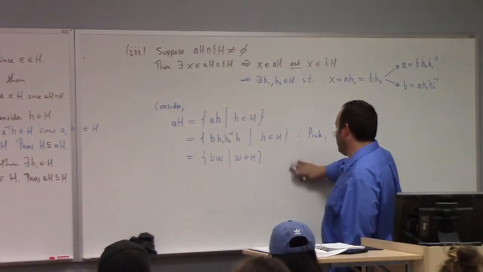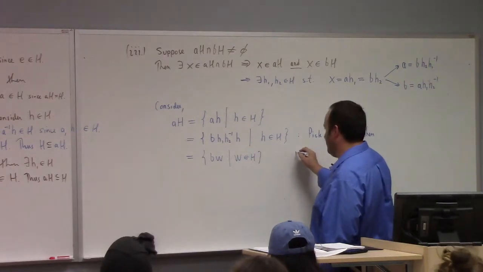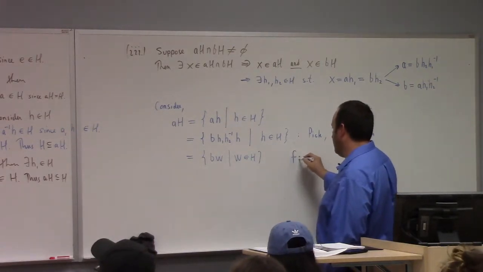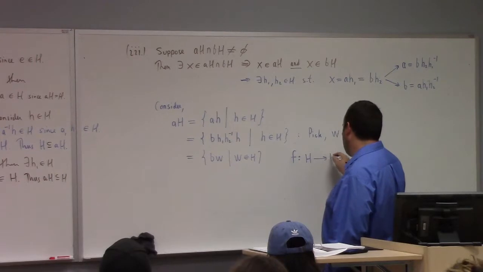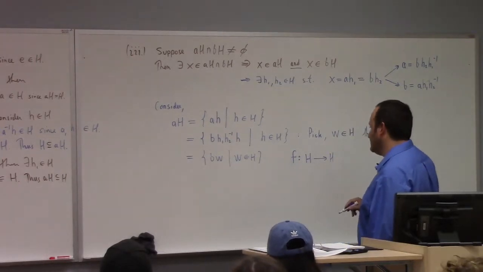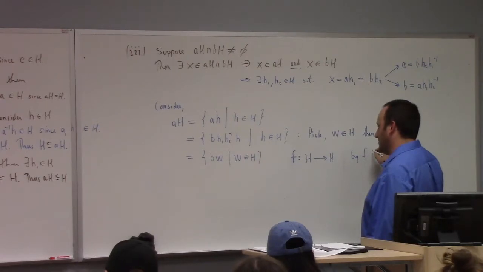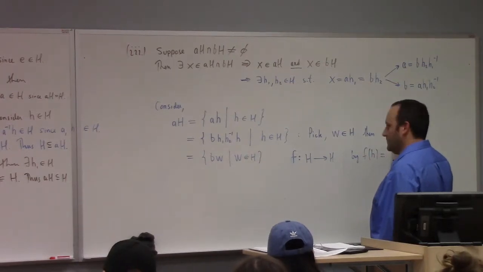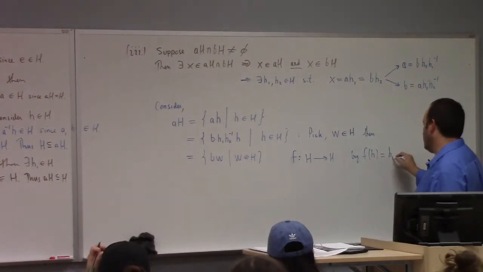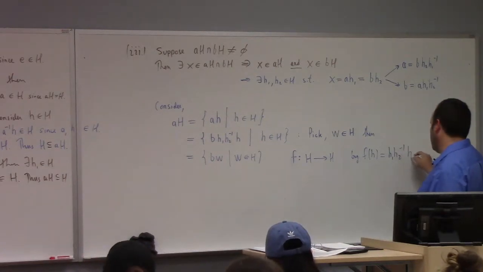Well, here's what I want to prove: that the mapping F going from H to H, by F of H equals H1 H2 inverse H, is onto.